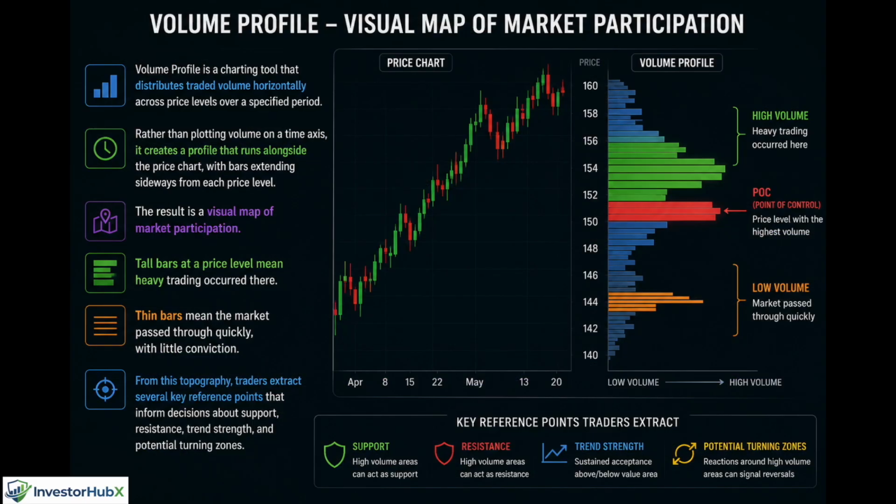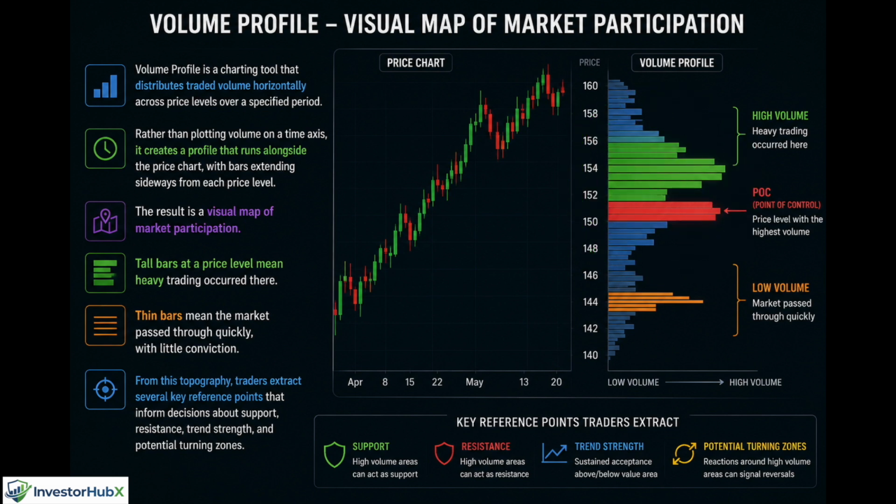Volume profile is a charting tool that distributes traded volume horizontally across price levels over a specified period. Rather than plotting volume on a time axis, it creates a profile that runs alongside the price chart, with bars extending sideways from each price level. The result is a visual map of market participation.